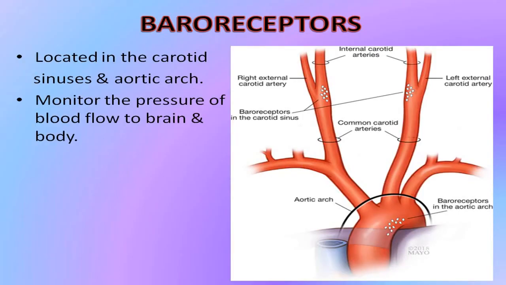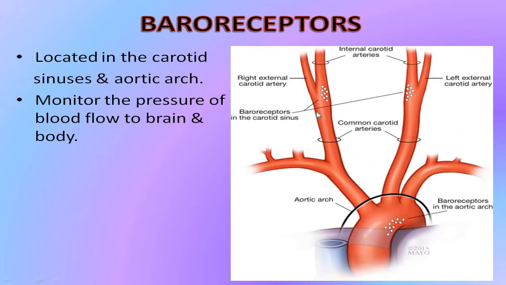Now the baroreceptors, as you can see in this figure, this is the aorta which is emerging from the heart, and it forms this arch, and from this arch a number of branches are formed, and this arch is called the aortic arch. These white color points are showing the receptors, baroreceptors, and one of the branches which emerges from the aorta is the carotid artery.